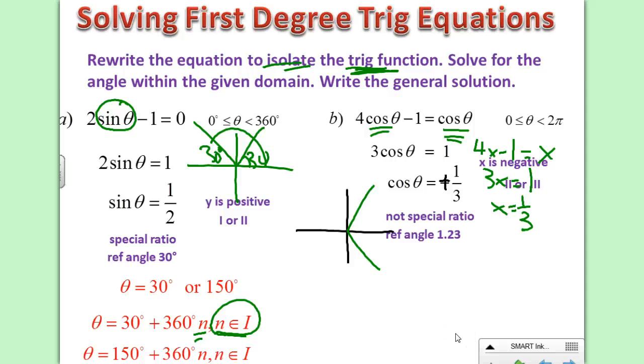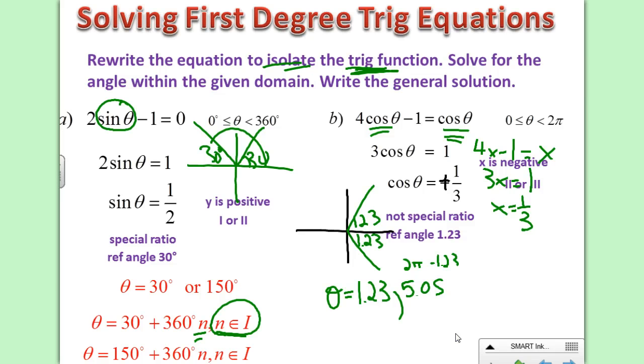It didn't say to 2 decimals, but we can't have an exact value, so I put 1.23 in those 2 quadrants, and now I have my answers for theta: 1.23, as well as, in my calculator, 2 pi minus 1.23, and we end up with 5.05. So those are my two answers.